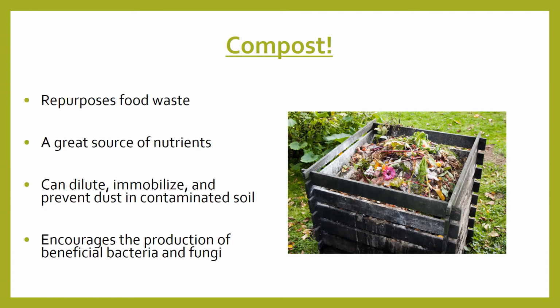A diverse supply of inputs into a compost bin is going to give you a better output of nutrients, especially micronutrients. If you put things like broccoli stems and apple cores and banana peels in there, you're going to get a little wider variety of micronutrients.